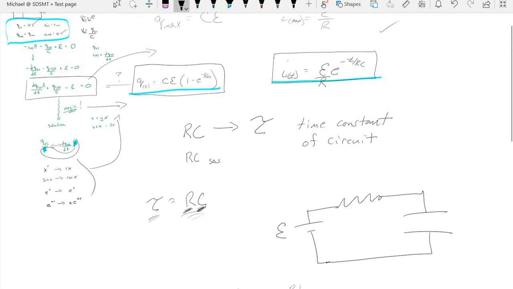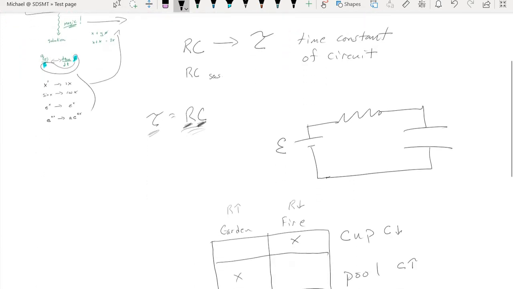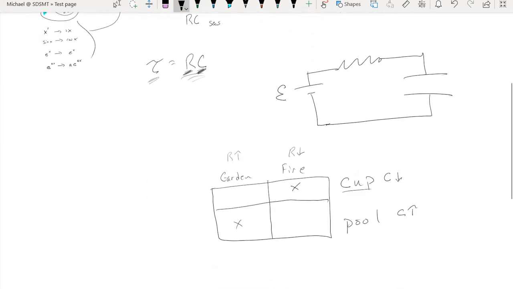And with a low time constant, you're going to be able to achieve filling up that capacitor very quickly. And that should make sense with the analogy here. If you have a very small capacitor, there's not much room for it to hold charge. And if you're using a wire or a resistor that has very low resistance, well, that current is going to come through very fast and fill up that capacitor very fast.